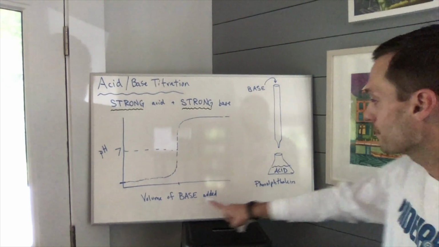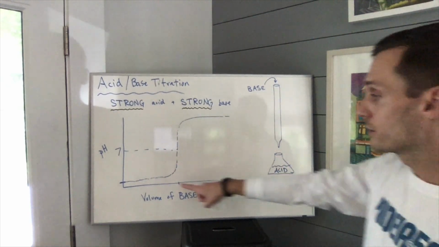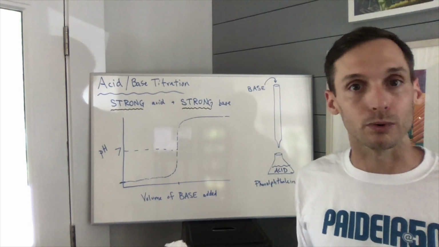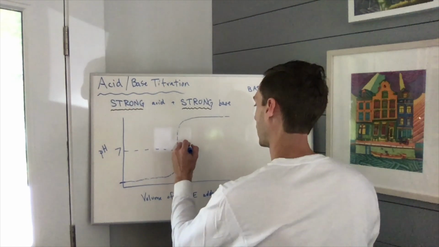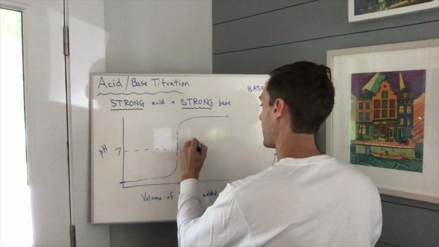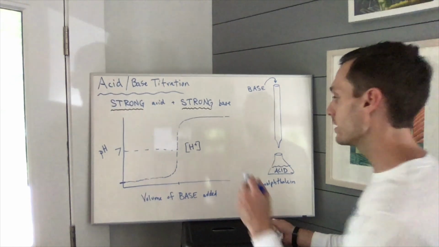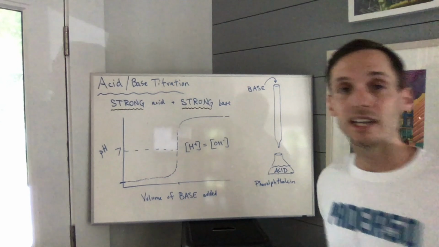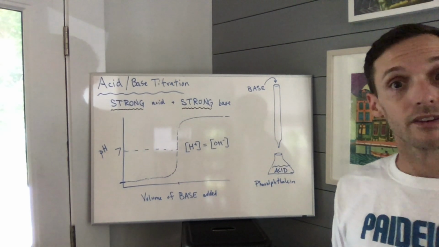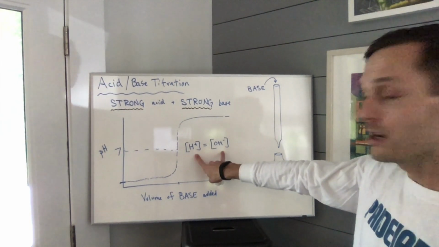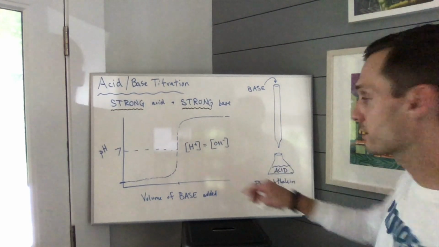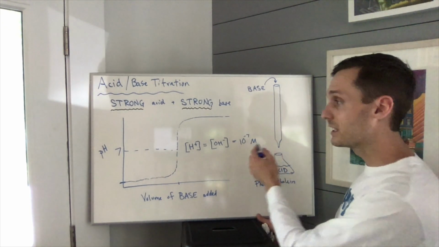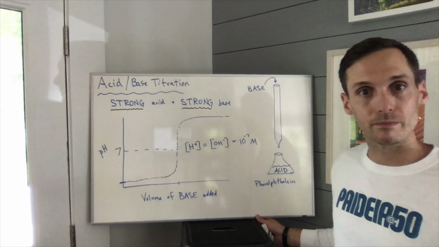So we are adding base to this acid until we reach this neutralization point where we have the concentration of H+ ions from the acid now equal to the hydroxide concentration from the base. Now, we already know when those two things are equal in solution, they're going to be 10 to the minus 7 molar, and that would give us a pH of 7.